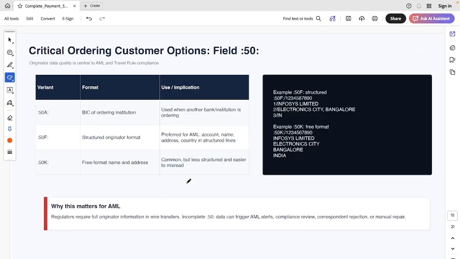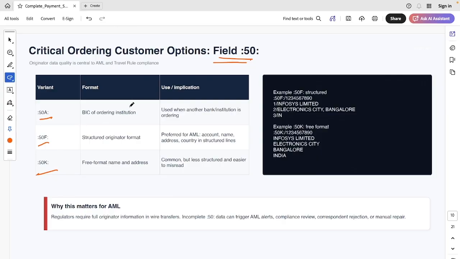Okay, now let's try to zoom into one of the most AML sensitive fields in the MT103. That is field 50. So field 50 basically identifies your ordering customer, that is who is sending the money. So there are different variants. For example, we have 50A, 50F, 50K.